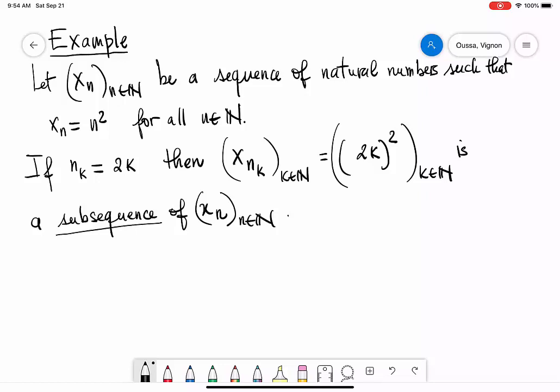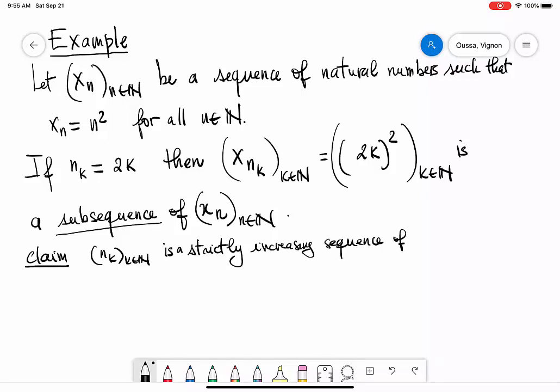As an example, let x_n be a sequence of natural numbers such that x_n is equal to n squared for every natural number n. Now, if we let n_k be equal to 2k, notice that the sequence n_k is a sequence of natural numbers which is strictly increasing. Why? The claim here is that n_k is a strictly increasing sequence of natural numbers.